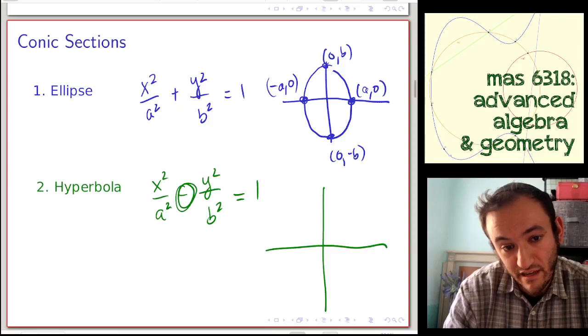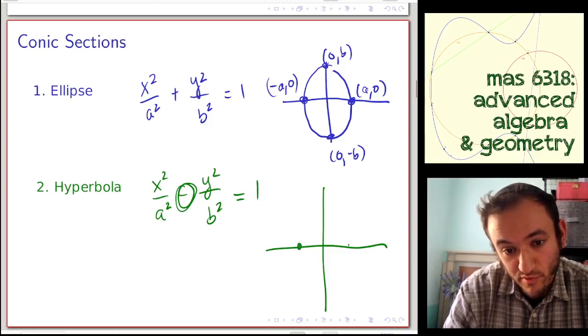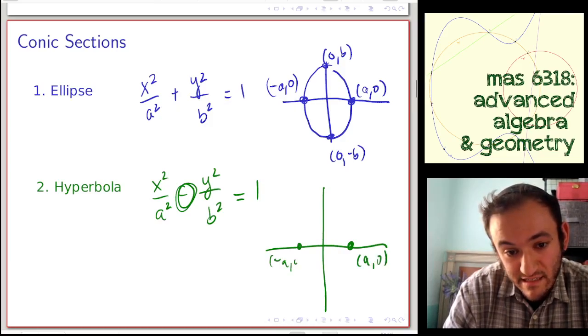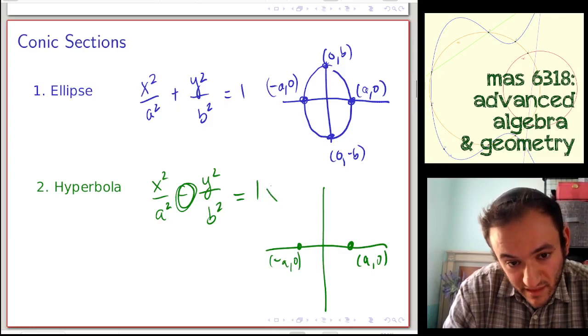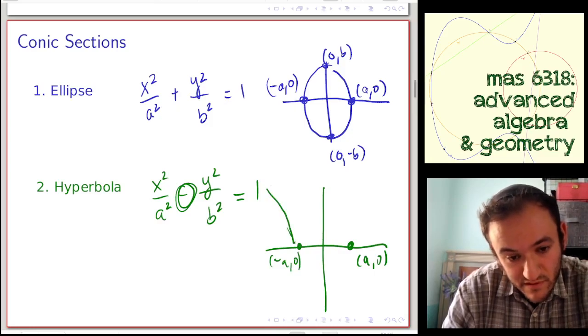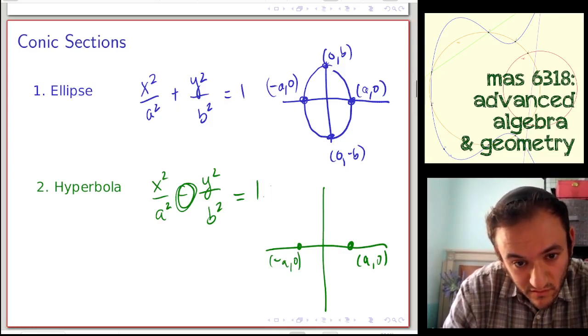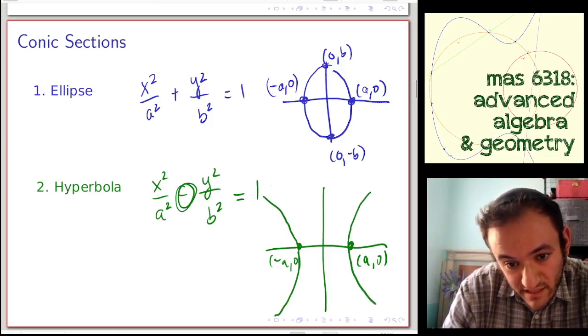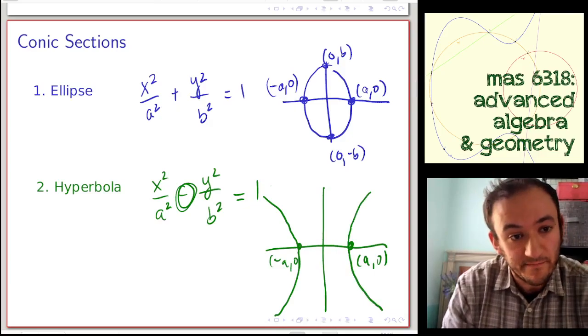Here you get your points on the x-axis, just as with the ellipse, (a, 0) and (−a, 0). But then you get this curve that sweeps out with two different branches.